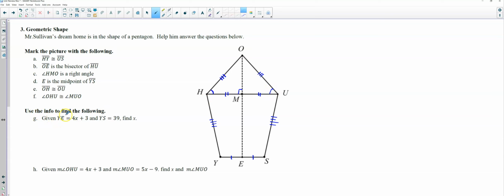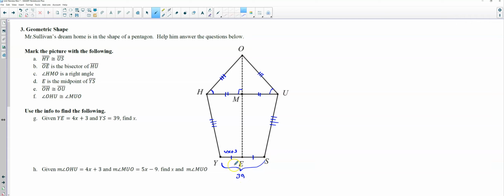All right, use the info to find the following. Given that YE is 4x plus 3, so YE right here, this is 4x plus 3, and YS is 39. YS from here to here, that's 39. Well, I know if this is 4x plus 3, this is also 4x plus 3, right?